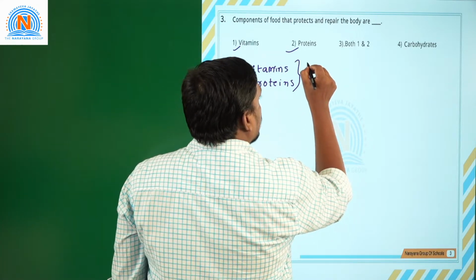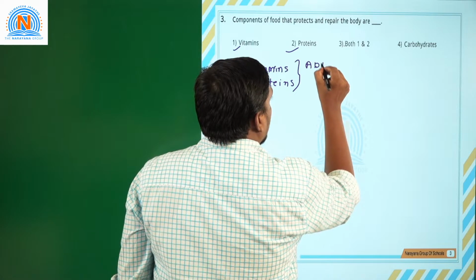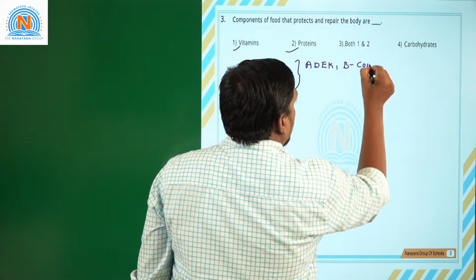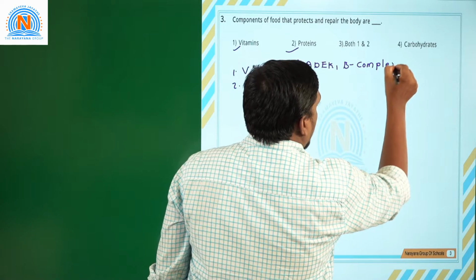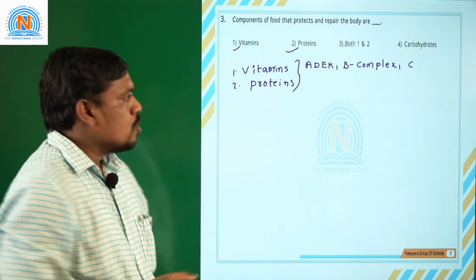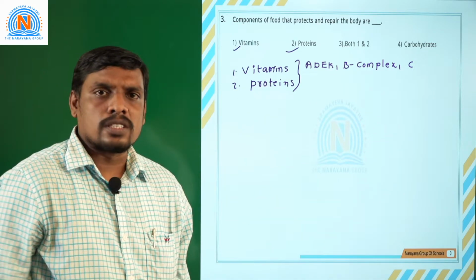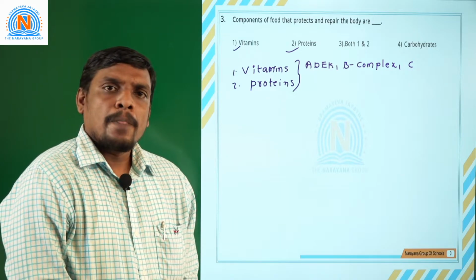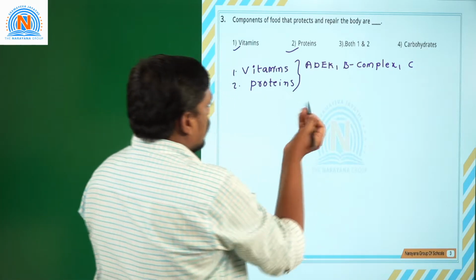Vitamins like vitamin A, D, E, K, vitamin B complex, and vitamin C help in the healing of wounds. There are various types of vitamins I have written. Next, take proteins.